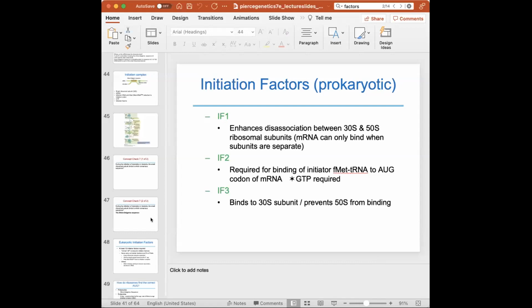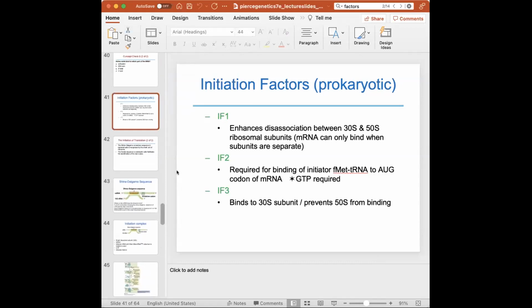Okay, so basically in prokaryotes, you have 3 initiation factors. So you have IF1 through 3, and these are separate. I think they're proteins. Anyway, they're separate proteins that come in and help your ribosome actually bind to your mRNA.